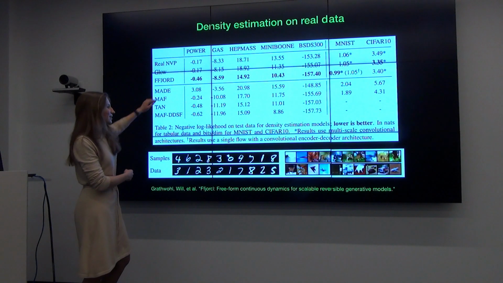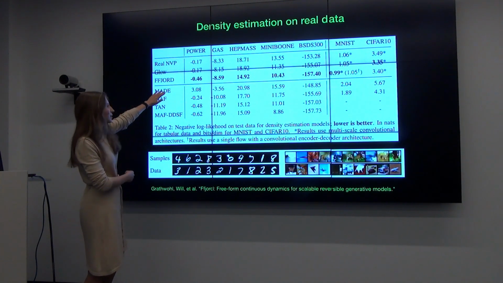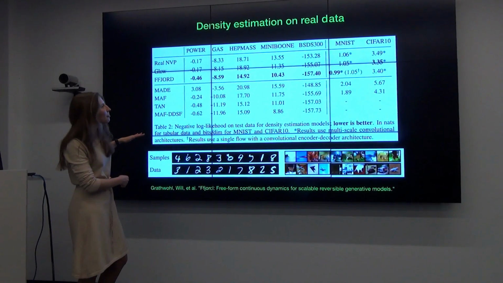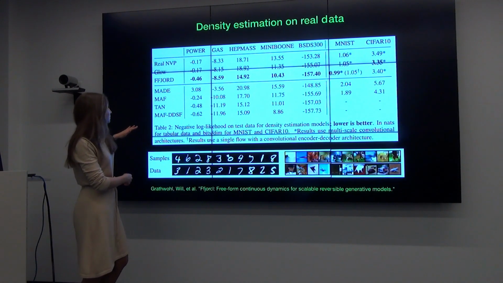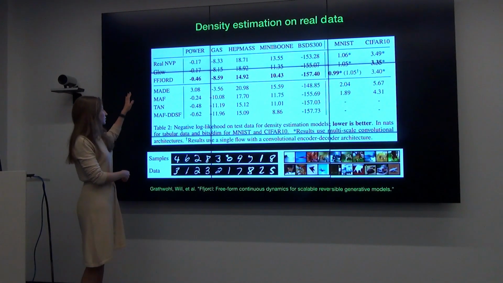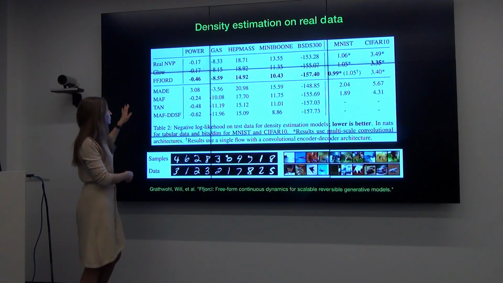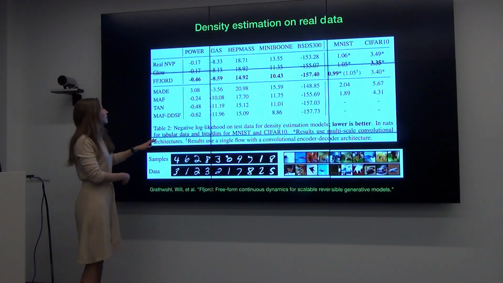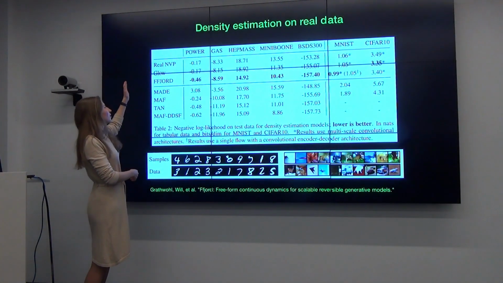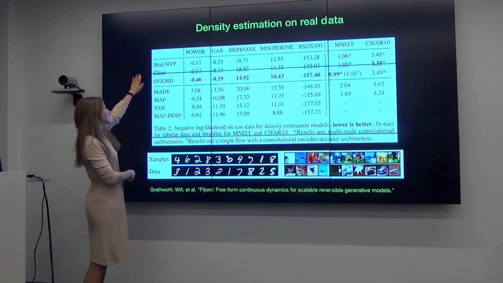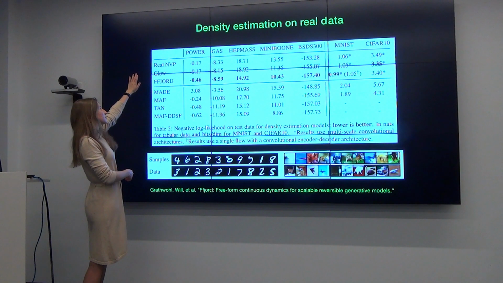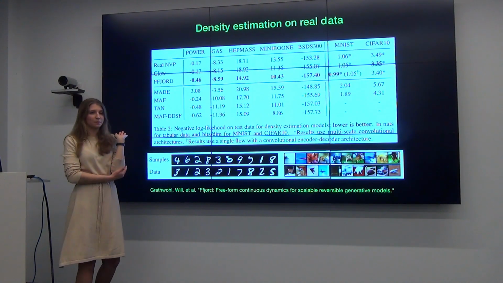And here the lower number is better. And we see that autoregressive models outperform FFJORD, but FFJORD outperforms other approaches based on normalizing flows.